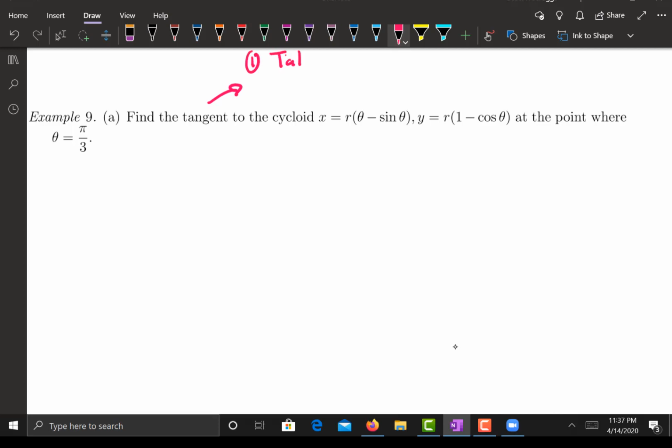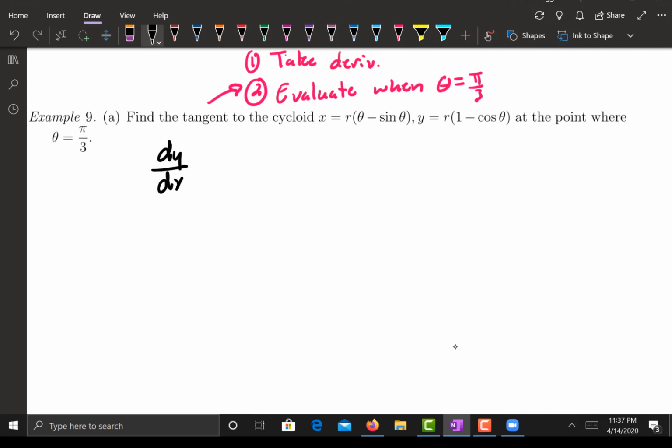take the derivative and then evaluate when I plug in pi/3 for my parameter. So using our formula to find the derivative, it's going to be the derivative with respect to y divided by the derivative with respect to x.